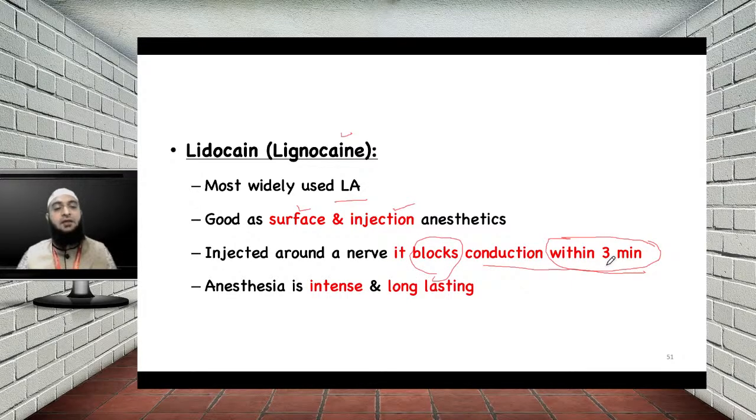That is the second advantage. The third advantage is that the anesthesia produced by lidocaine is very intense and long lasting, so there is no need to give another injection of the local anesthetic. Once you give the injection of lidocaine, for a minor surgery, obviously local anesthetics are used in minor surgery.